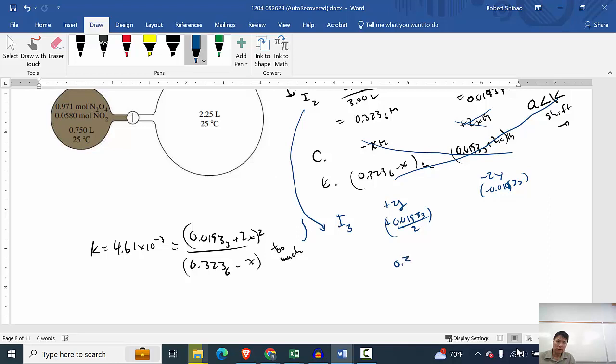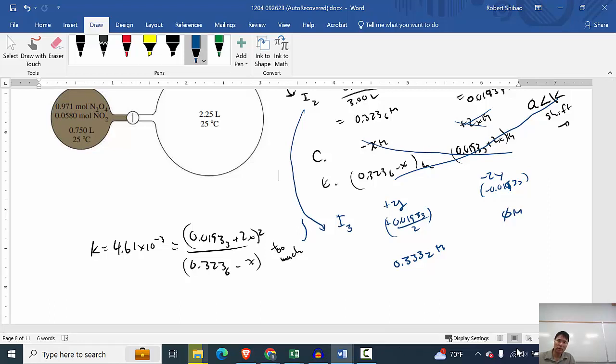My new initial here will be 0.3332 molar, and my new initial here will be 0 molar. The more zeros I have, the less algebra I have to do, and that's another reason I like to reset. I'm not doing as much algebra.